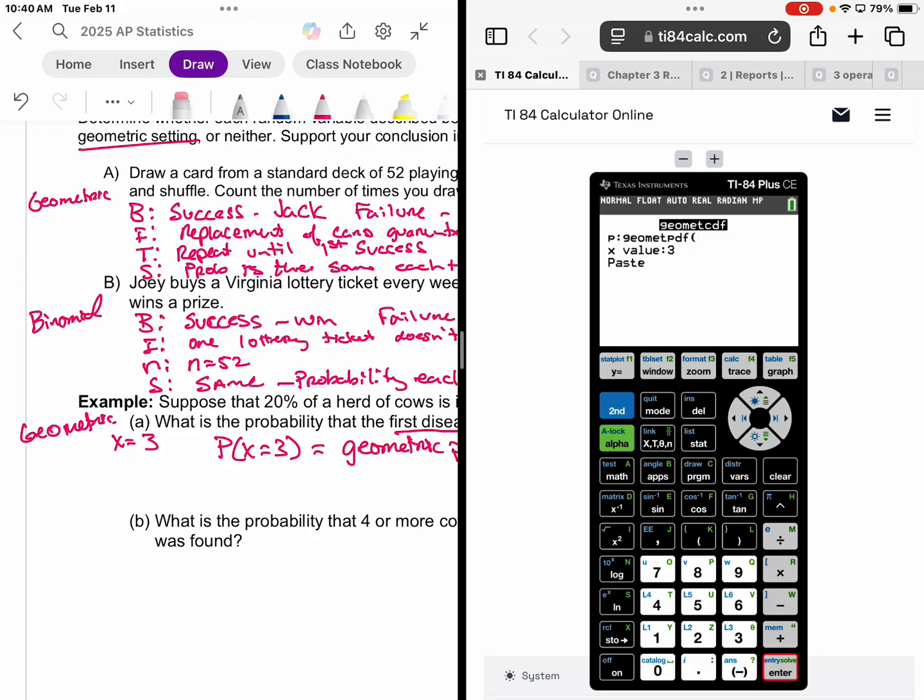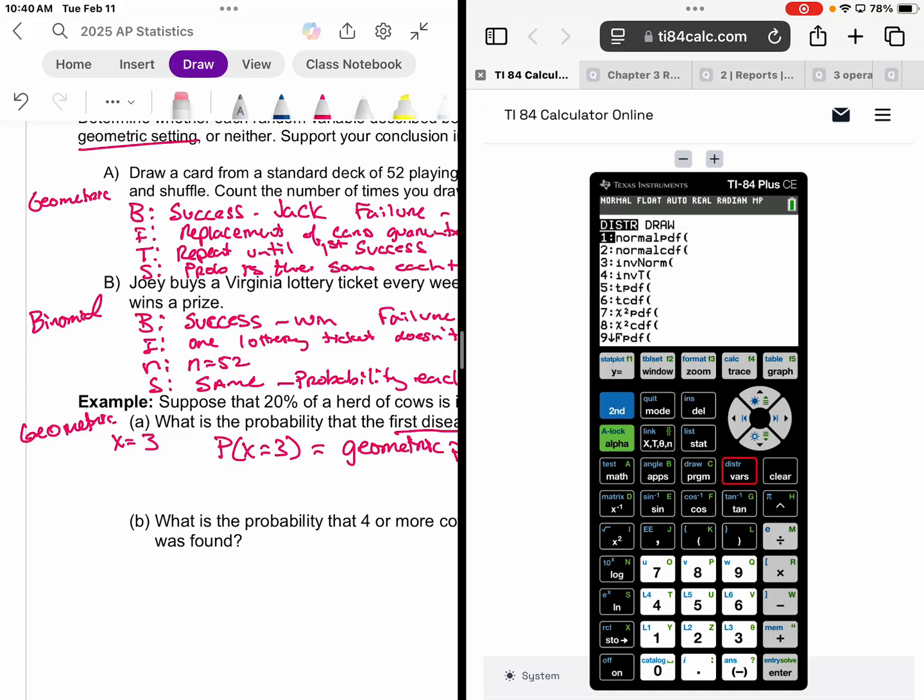That's why doing second mode to quit the screen gets you out of that kind of stuff. That's why, as we've been doing stuff, I usually say, hey, press second mode to quit the screen, like when we're in the table, because some of the functions in the calculator, if you just quickly go to say, oh, I picked the wrong one, it's going to put it into one of the categories that you were just in. So that's why I was trying to tell you to get in that habit.